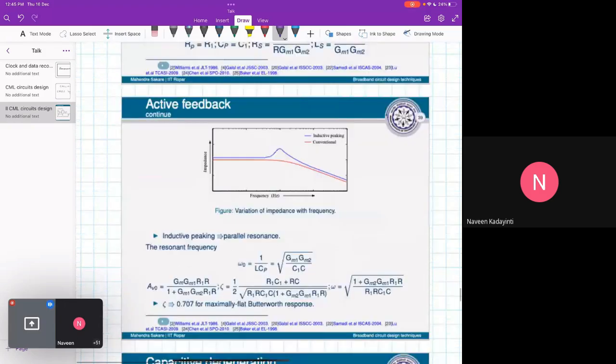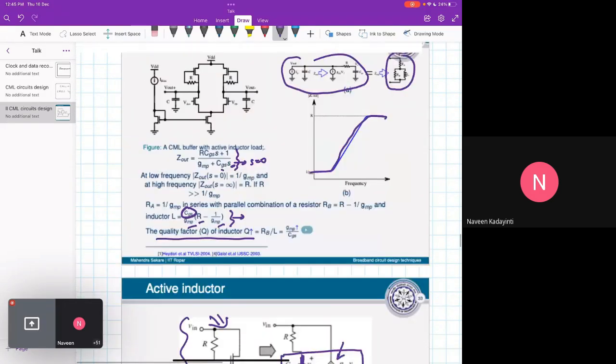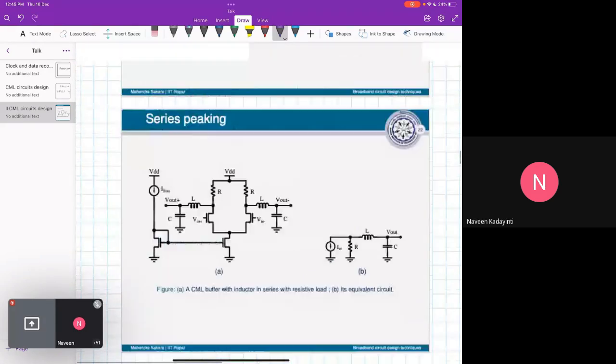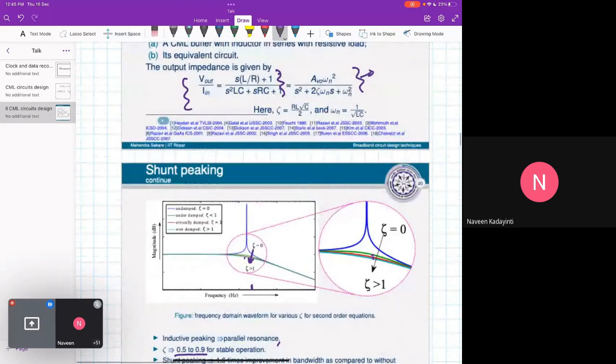Let me move quickly to, yeah, here. This peaking is nothing but, if you go to time domain analysis of control systems, in a second order equation, this is what you get. And by varying the zeta, you can get this peaking.